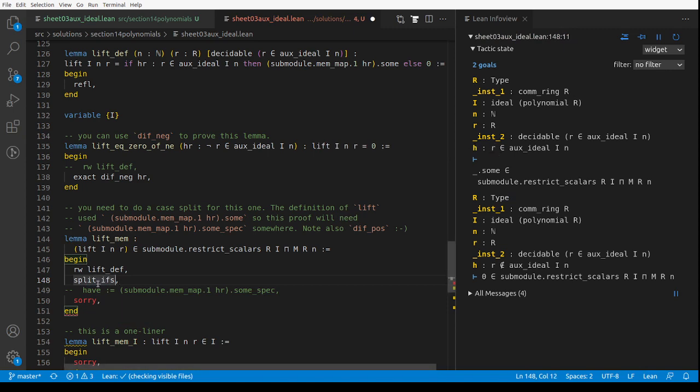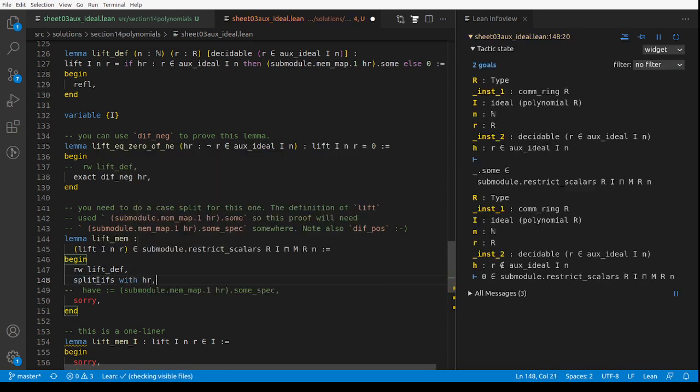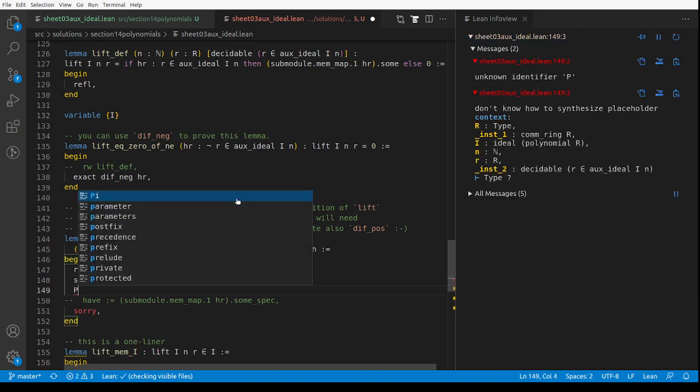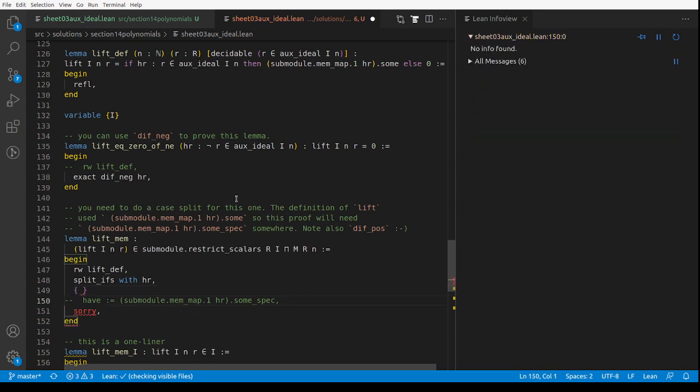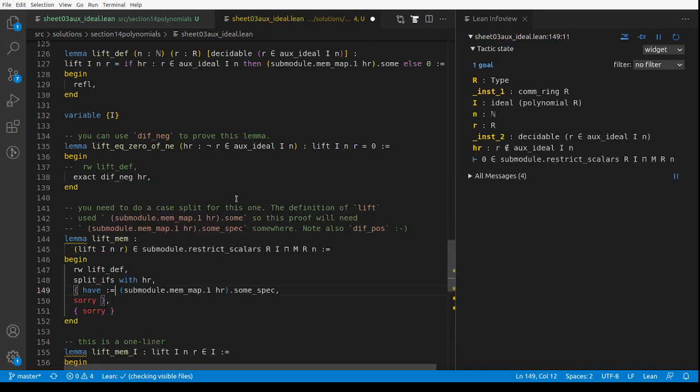Can we name that? We've called it HR before. Split_ifs with HR. Yeah, that looks good. So now we've got two goals. And now the first goal, that's now when we can use this, because now we have an HR, right? There. And then the second goal, we'll just sorry for now.